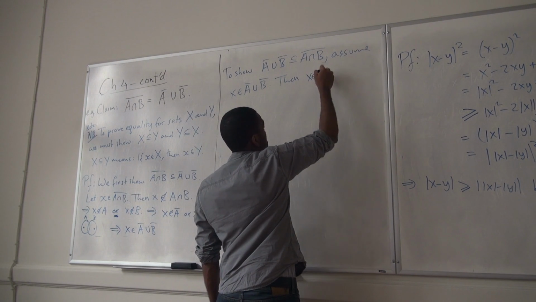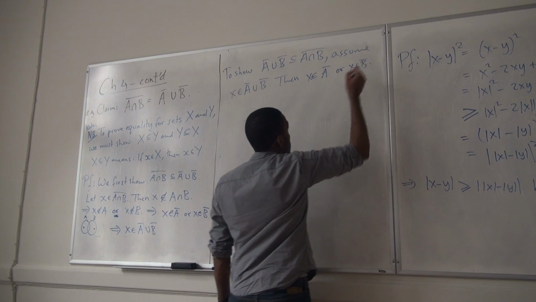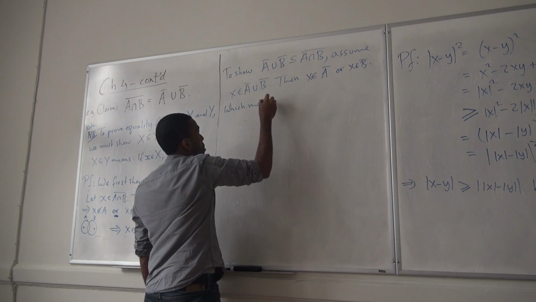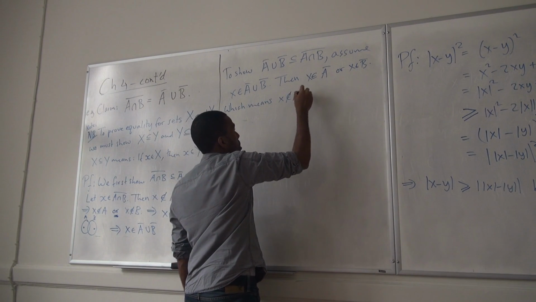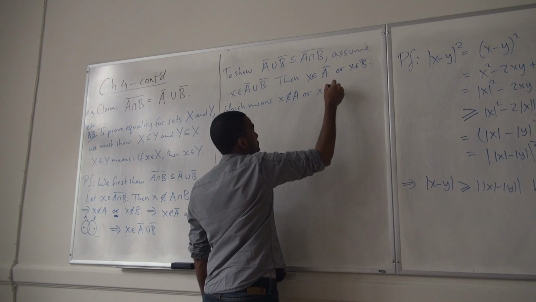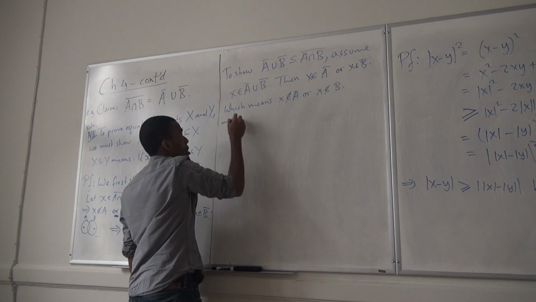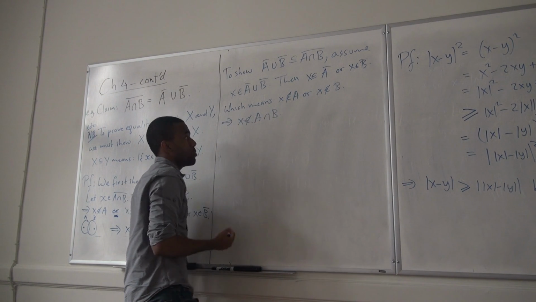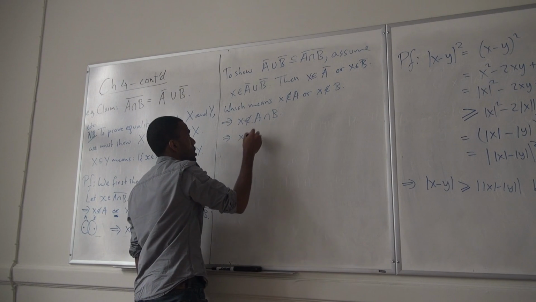So then X is in the complement of A or X is in the complement of B, which means X is not in A or X is not in B, which would mean X is not in both at the same time, which would mean X is in the complement of the intersection.